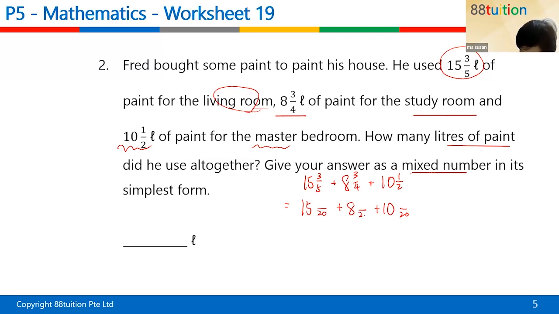So from here I can have times 4, which I get 12, and times 5, to get 15. So in total here I get 27, so I get 37 out of 20.